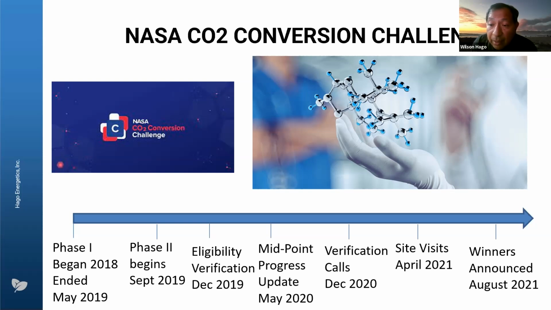And then the winners were announced a couple of months ago, August 2021. We were one of 3 winners in this contest, and that's why I'm here, trying to tell you how we did it. I feel a responsibility to do so because this is taxpayer money, and I want to tell you that it was well spent.